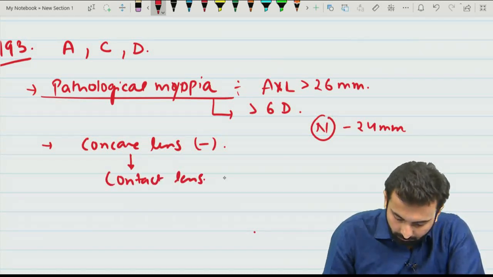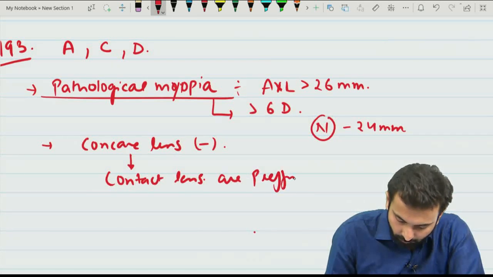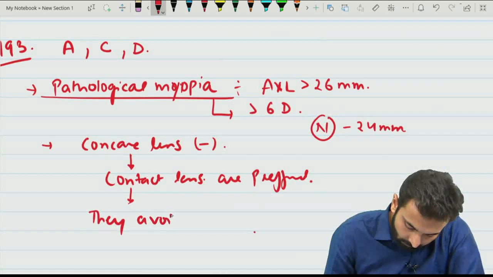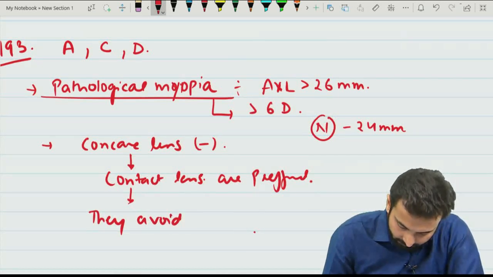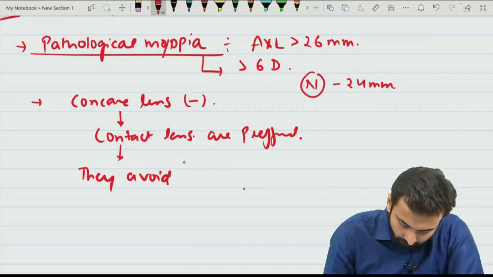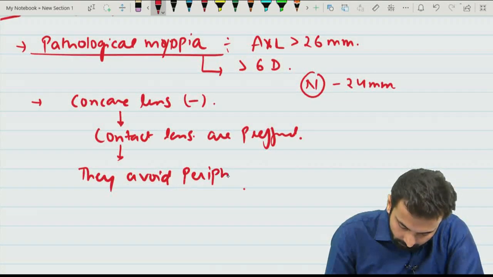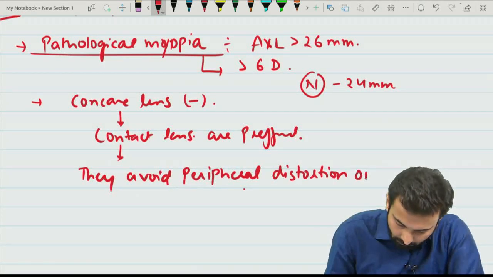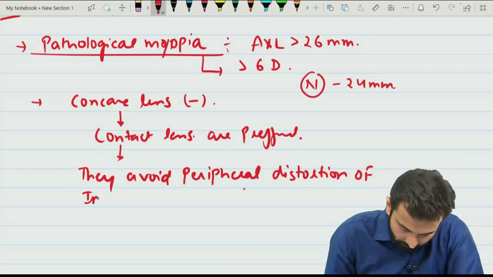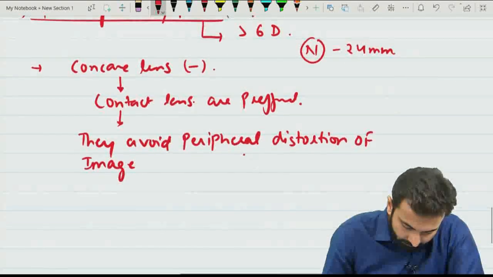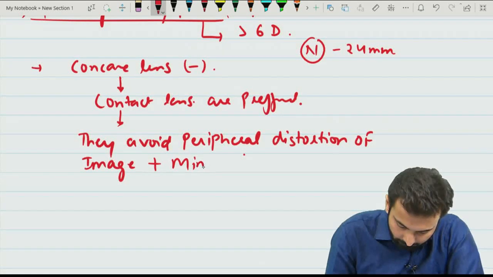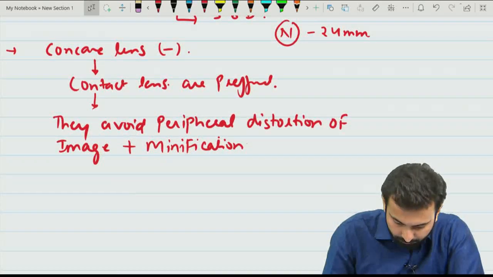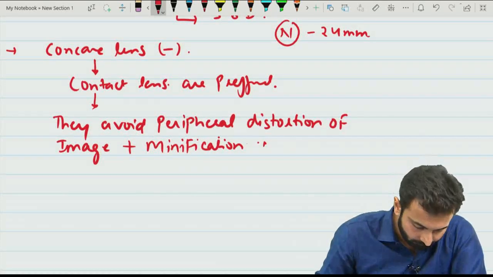Why are contact lenses preferred over glasses? Because they avoid peripheral distortion of image and minification of image, which is produced by strong minus lenses, right?